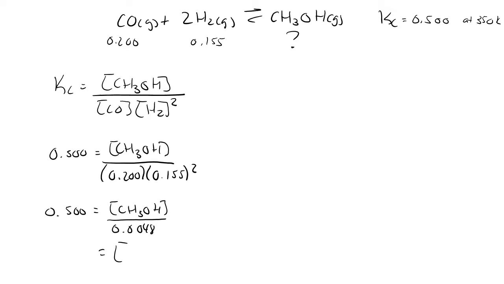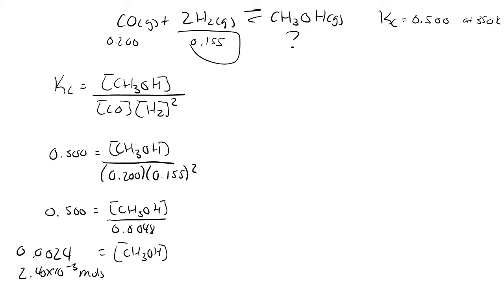Then isolate your CH3OH. So you multiply across, and you get 0.0024. It would be better to answer it as 2.4 times 10 to the negative third, and depending on sig fig values, there are actually 3 sig figs, so it's 2.40 times 10 to the negative third moles for your methanol at equilibrium.